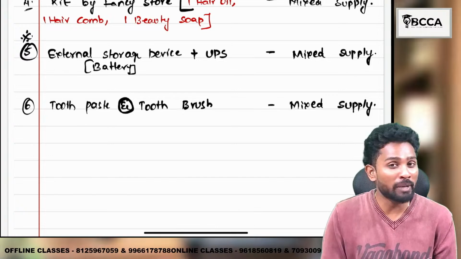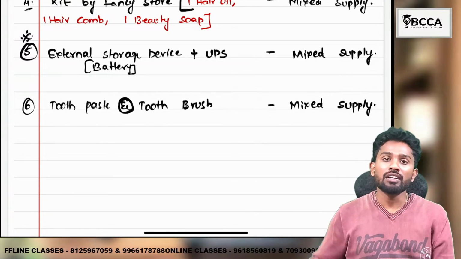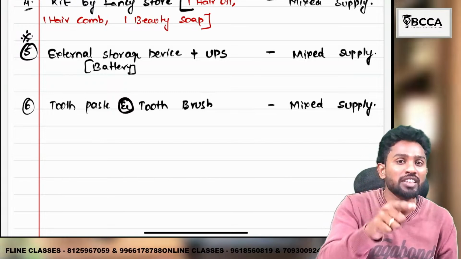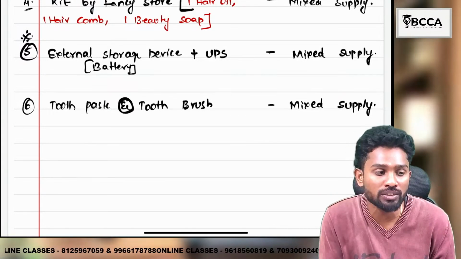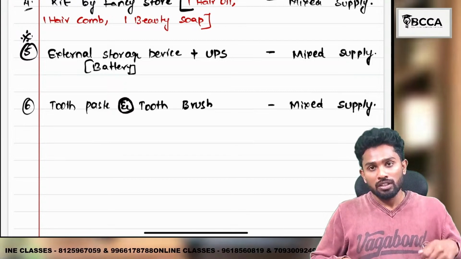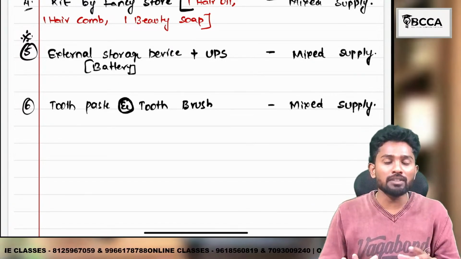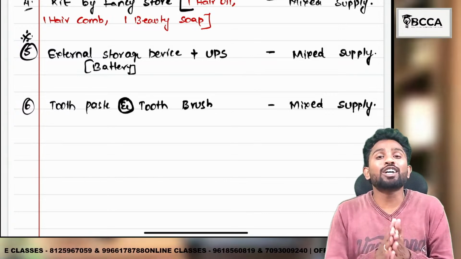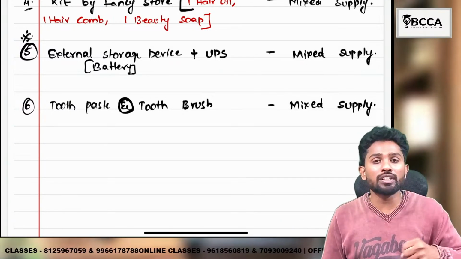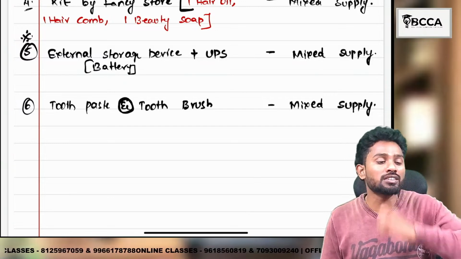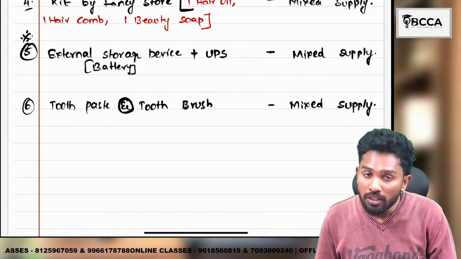Even though we have a common toothpaste, the brushes are different. Whenever you buy a toothbrush, it's not necessary to buy toothpaste, and whenever you buy toothpaste, it is not necessary to buy a toothbrush. Even though they may be used for the same purpose, they are available separately. The industry does not always sell them as a packet. So that's why toothpaste and toothbrush are mixed supply.